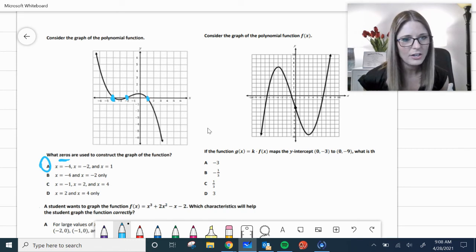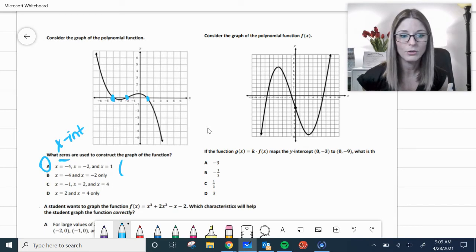Let me see what these other answers are. -4 and -2 only. -1. I don't even know where they got that. +2 and 4. Oh, is that if you switch your signs? If you are looking for your x-intercepts, you want to take your exact x value.